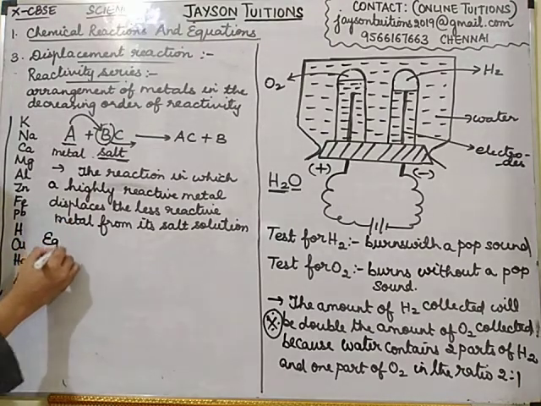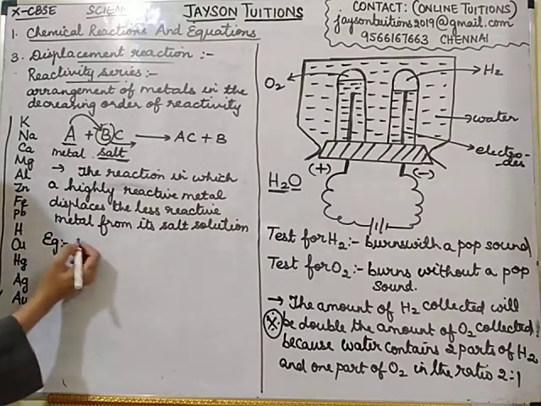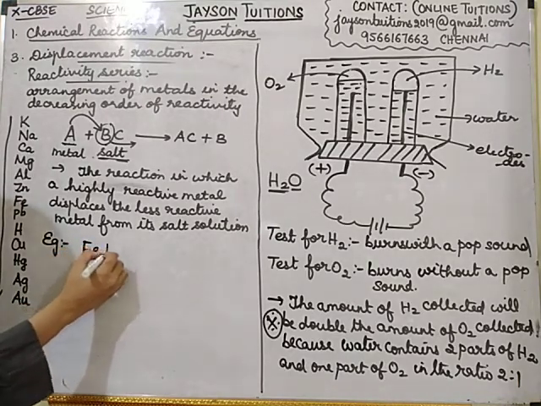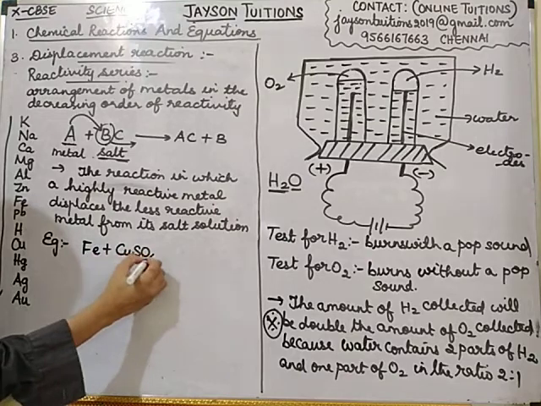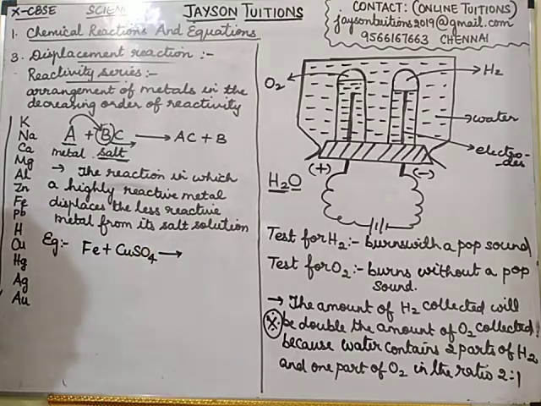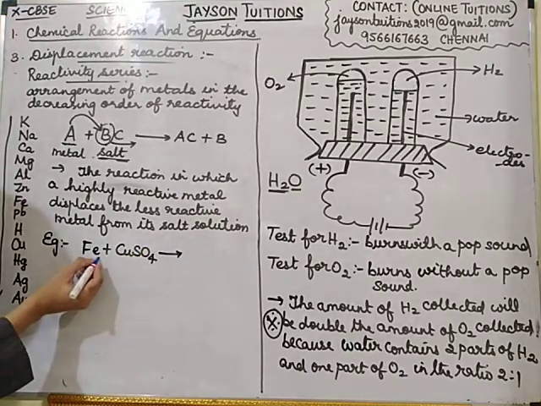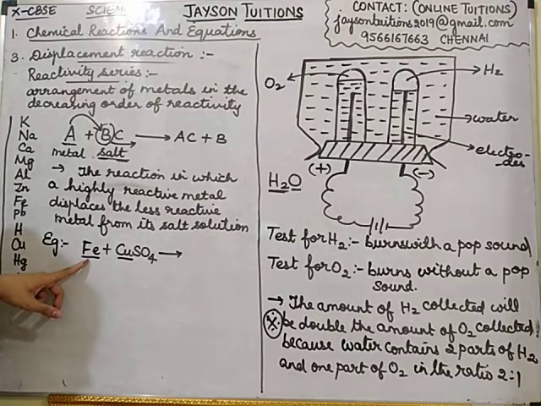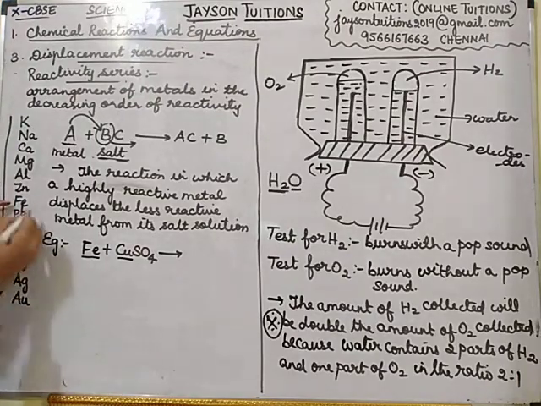For example, I am taking iron plus copper sulfate. Here iron is a metal, copper is a metal. In the reactivity series, you see where iron is present. Iron is present here, and copper is present here.